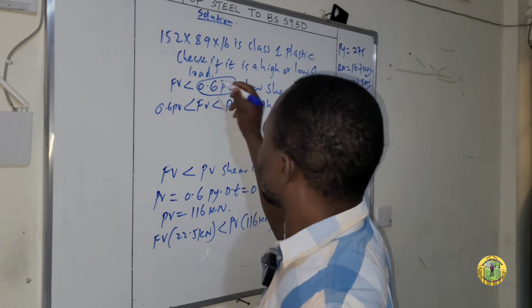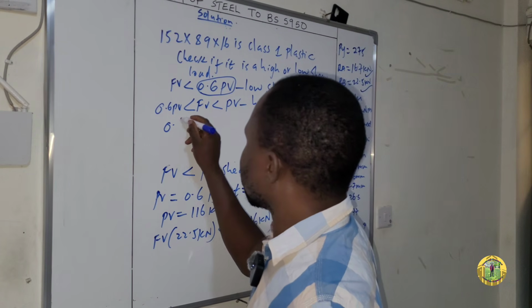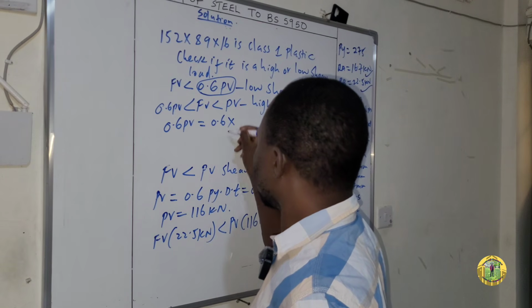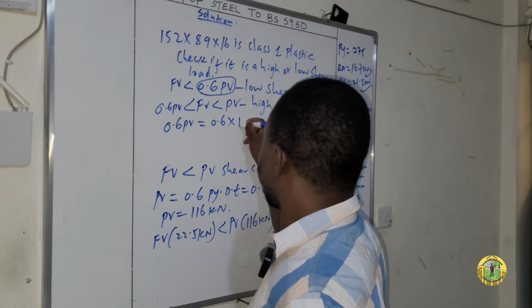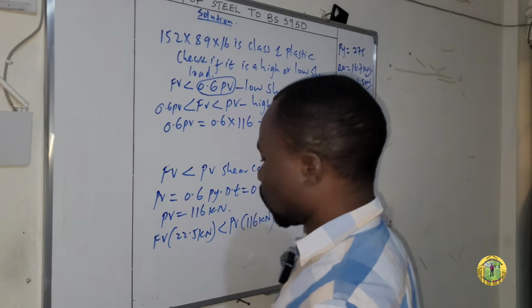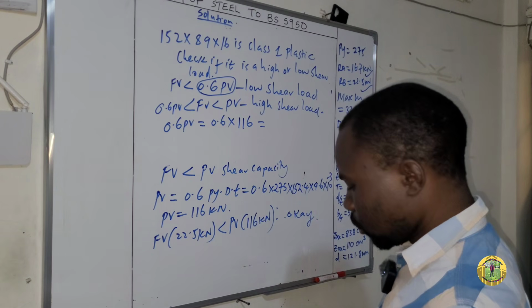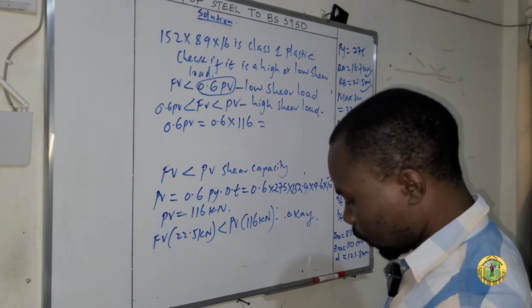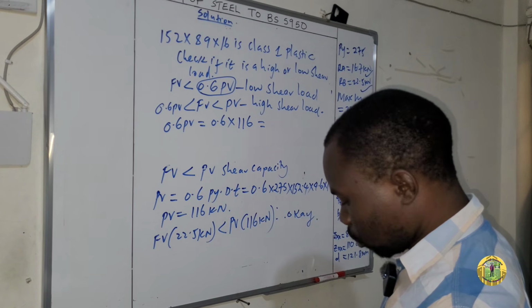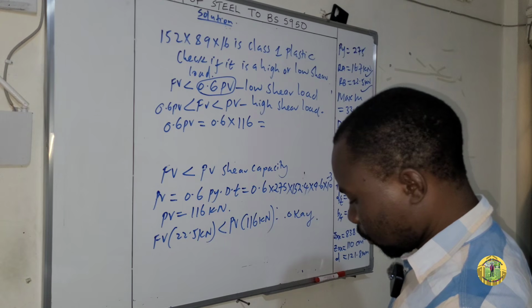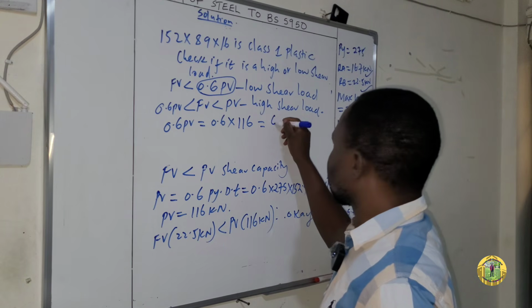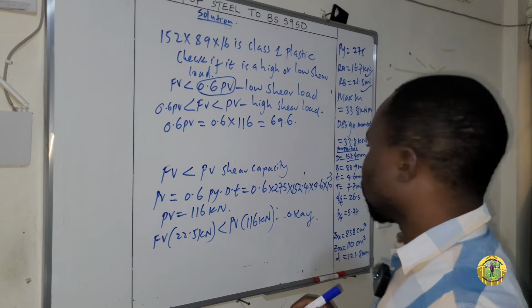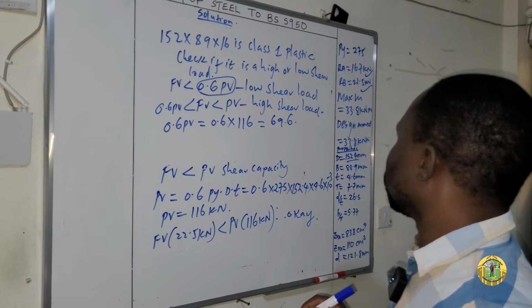So now we need to find 0.6 PV. So 0.6 PV is equal to 0.6 times PV, which is 116. So this is 116 times 0.6, which is 69.6. And our FV is 22.5.